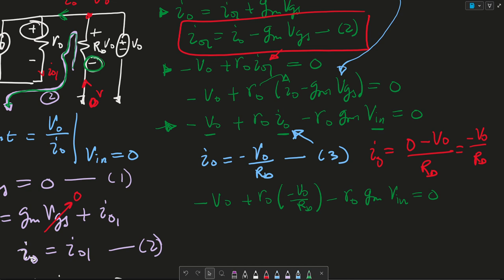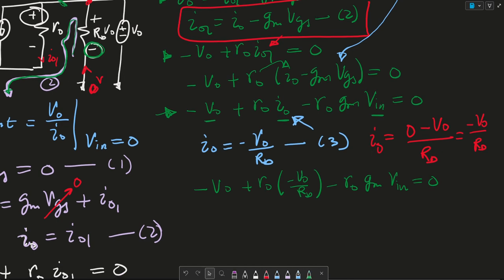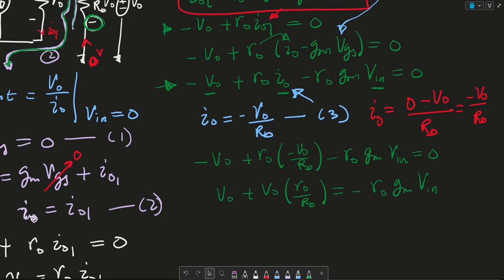I'm going to go ahead and move all my VOs to the right-hand side, and I get VO plus VO RO over RD is equal to minus RO GM Vin. I can go ahead and pull out a VO here. I'm left with 1 plus RO over RD. And this is equal to Vin times minus RO GM.